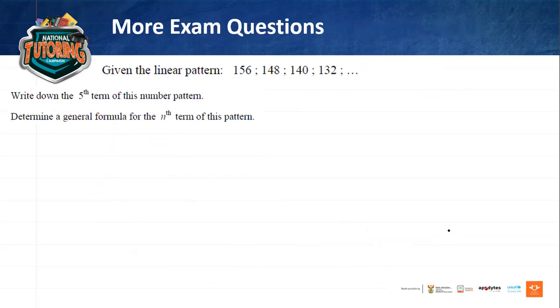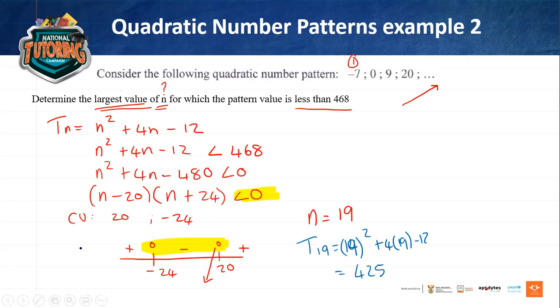So let's work out T20. Which gives me 468, exactly. So the n value that gives less than 468, not 480, 468 is what we get, is definitely 19.